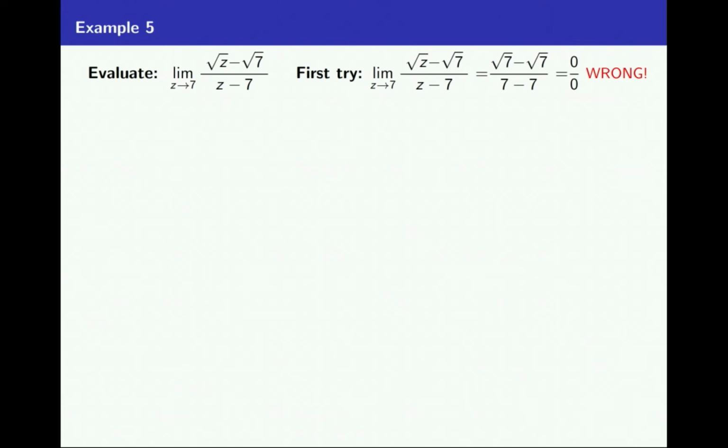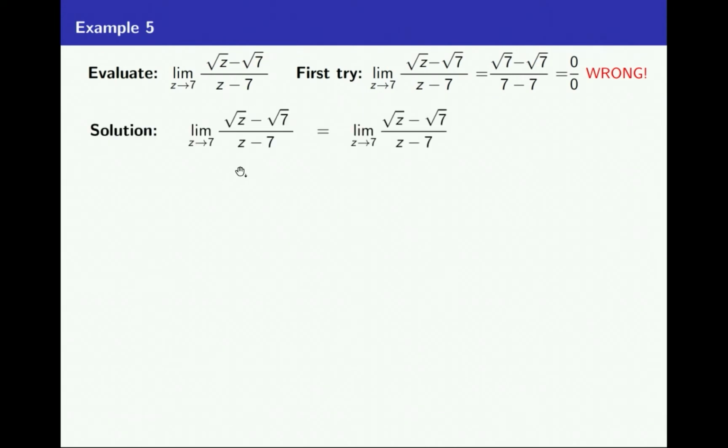The problem is that the denominator, z minus 7, is turning to 0 as z approaches 7. So we would like to cancel this z minus 7 that's turning into 0.